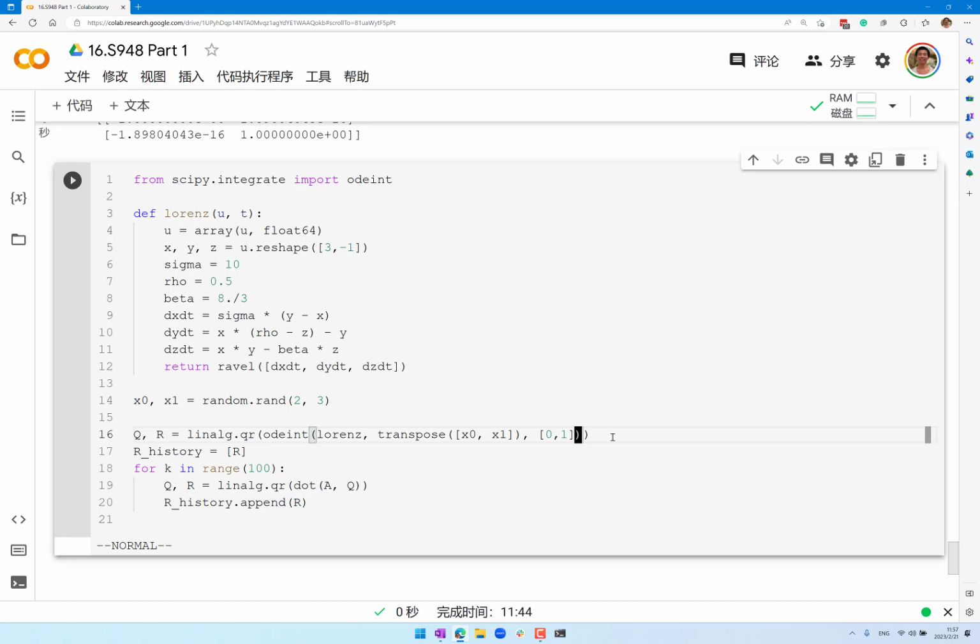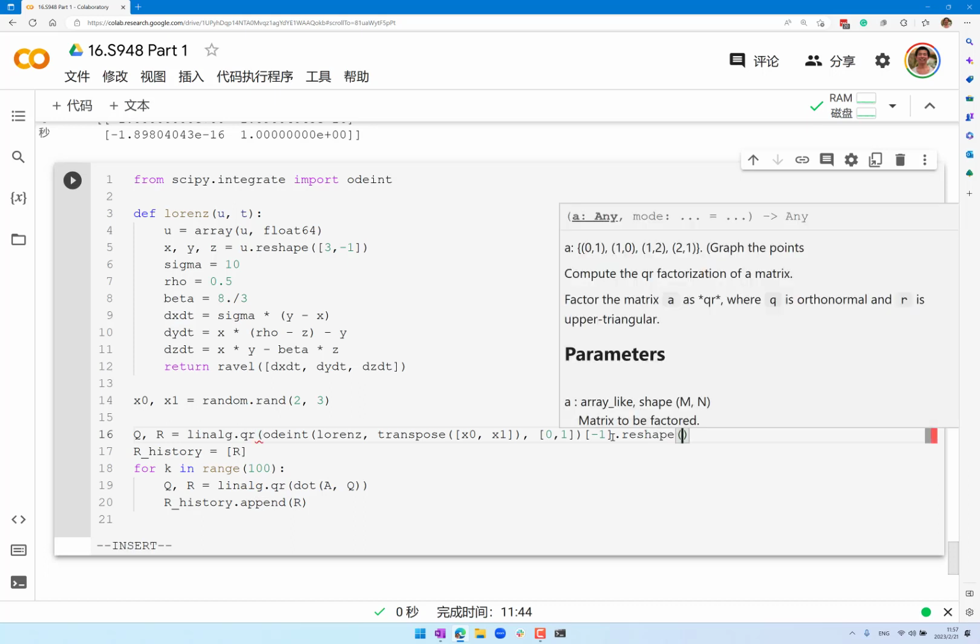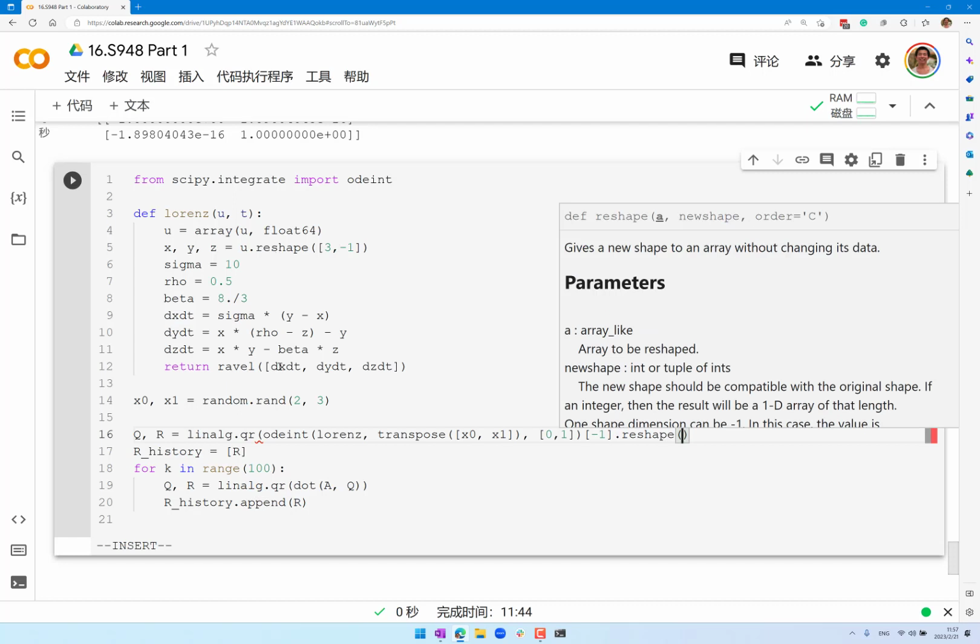I'm only going to take the last time snapshot, that's the -1, and reshape it into a matrix: dx/dt, dy/dt, dz/dt, so that's 3 states, and it's going to be 3 by 2. Let's make sure we are doing the right thing.